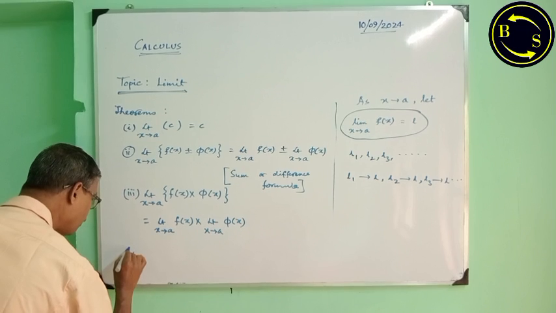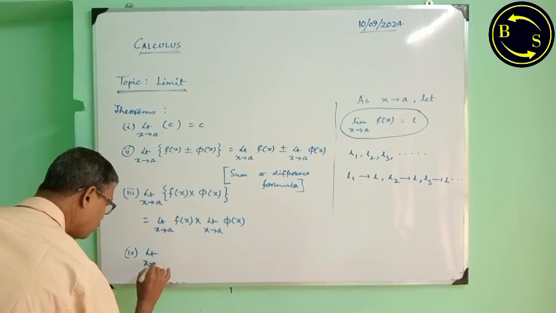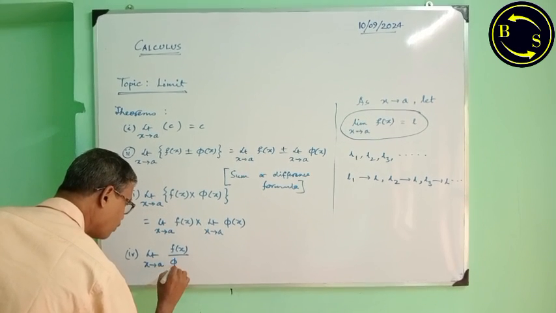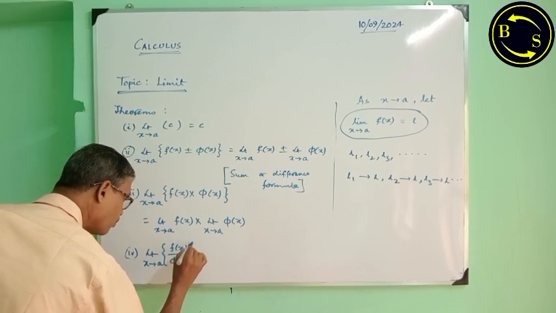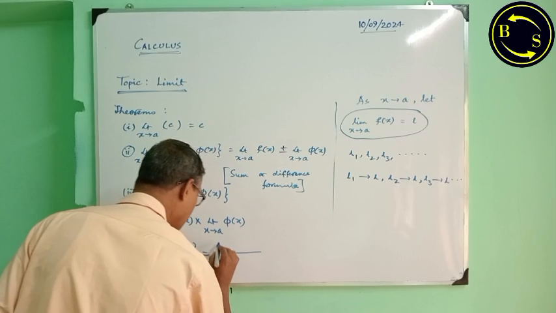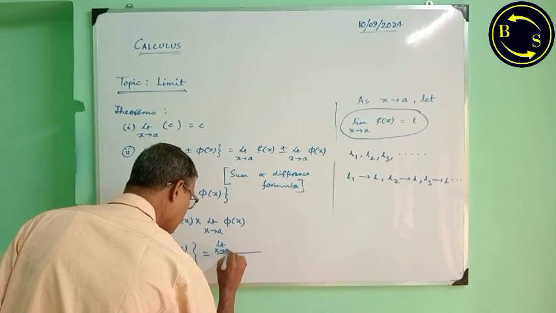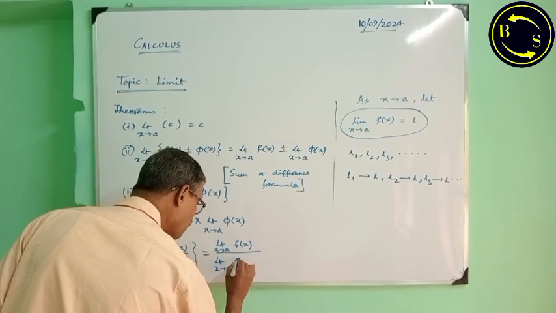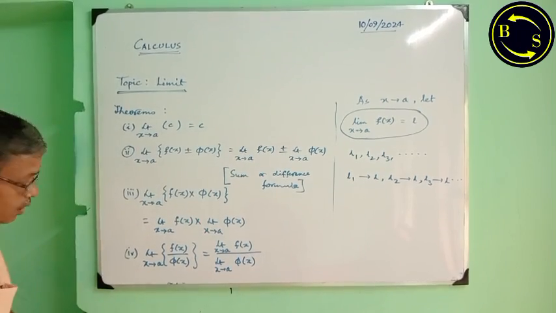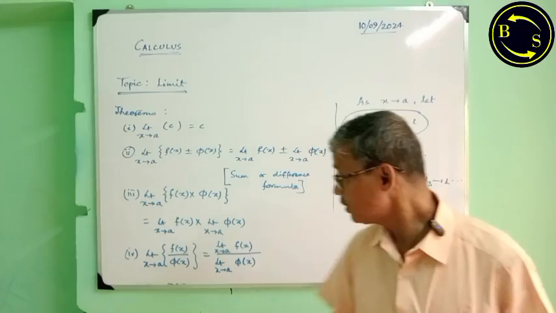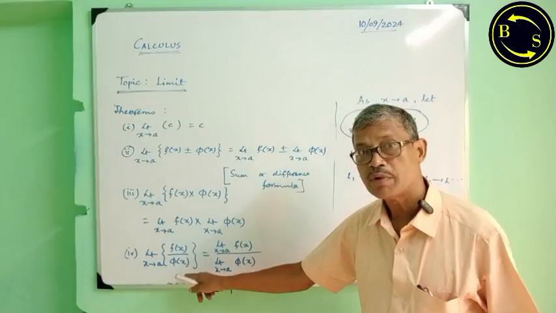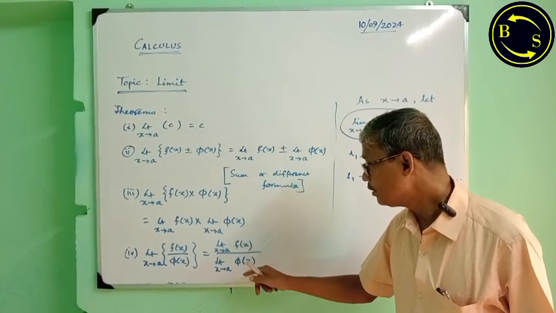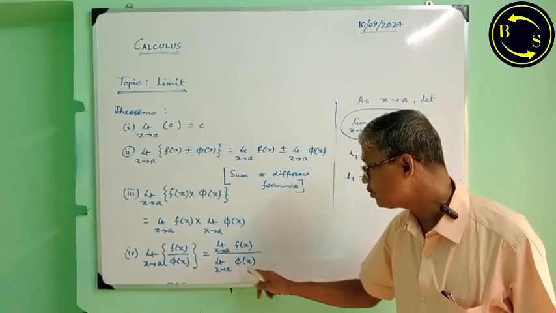Number 4, limit of quotient of two functions fx and phi x, limit x tends to a, fx by phi x is equal to quotient of limits of fx and phi x, that is limit x tends to a fx divided by limit x tends to a phi x.